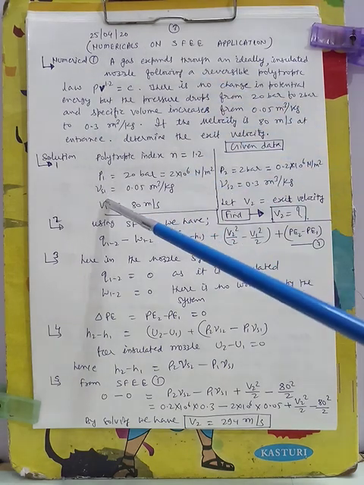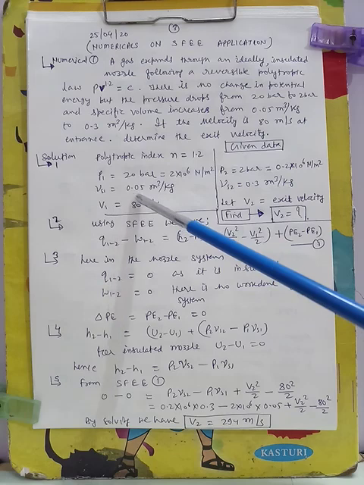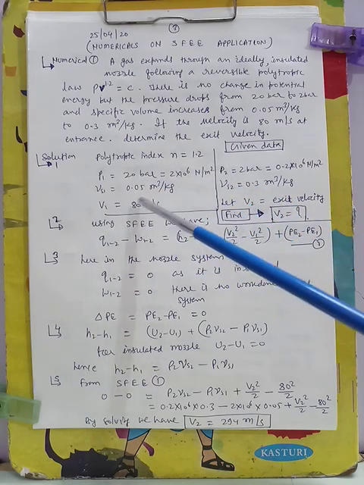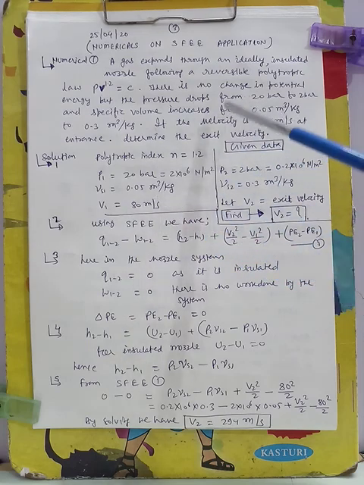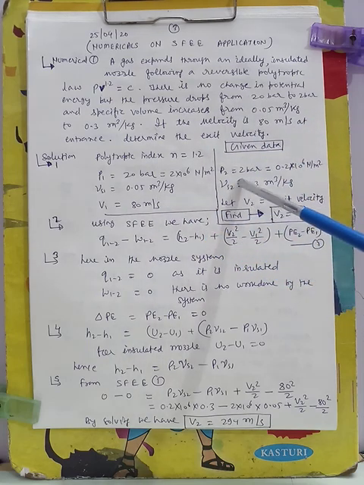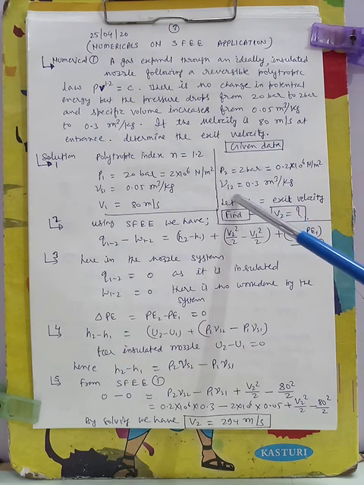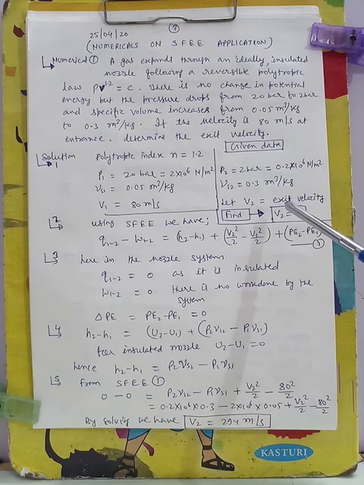The specific volume of the fluid at the inlet is 0.05 meter cube per kg, and velocity at the inlet is 80 meter per second. At the outlet, pressure P2 is 2 bar, that is 0.2 into 10 to the power 6 Newton per meter square, and the specific volume of the fluid at the outlet is 0.3 meter cube per kg. Let V2 be the exit velocity, which we have to find out.